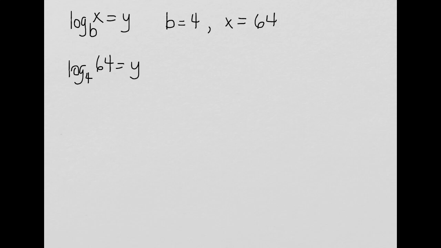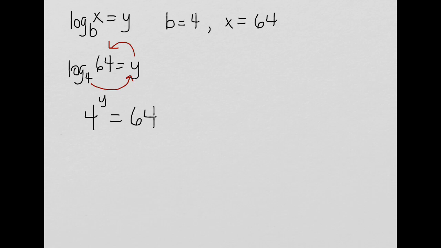Okay, so if this is true, then what I'm looking for here, remember, it makes the equation b to the y equals x true. So what I'm looking for is a relationship to where when I take 4 and I take it to the power of y, I get 64. So I like to think of it as a path that I'm traveling in a circle.